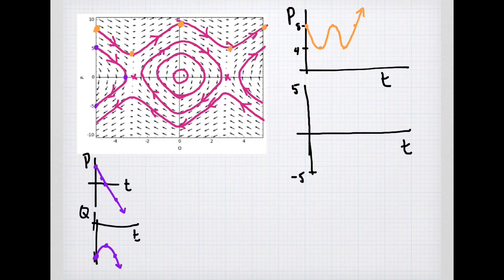Let's see, we're in orange. So that first point appears to be -3, 0, 3, and 5. Maybe there's some sort of wobble, but we can't see it from our picture. But my Q for this second path is just steadily increasing.